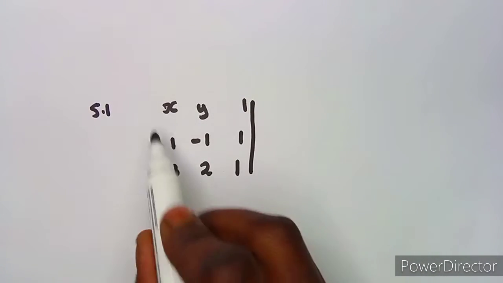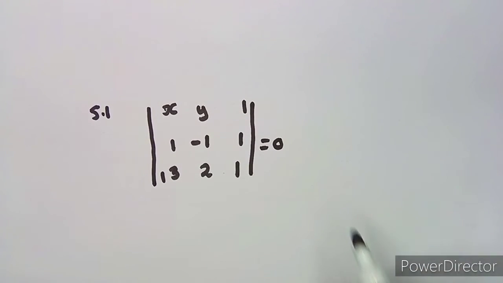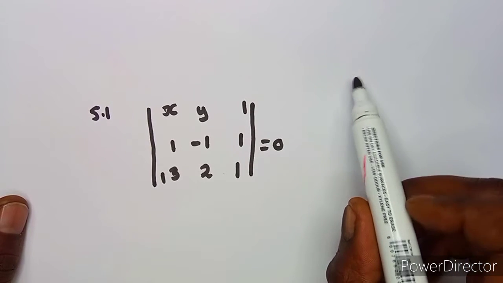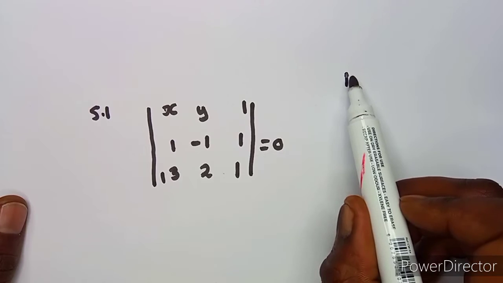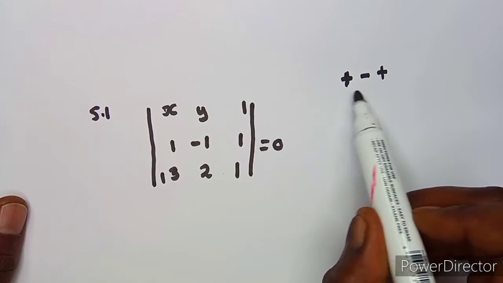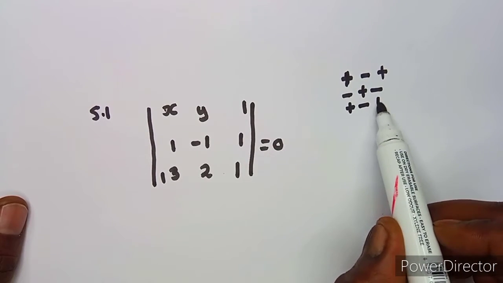If you managed to watch some of the classes that we had, I talked about a condition to apply whenever you're calculating a determinant. You affect each row by its corresponding sign, which is you start with plus, minus, plus, minus, plus, minus, plus, minus, plus.